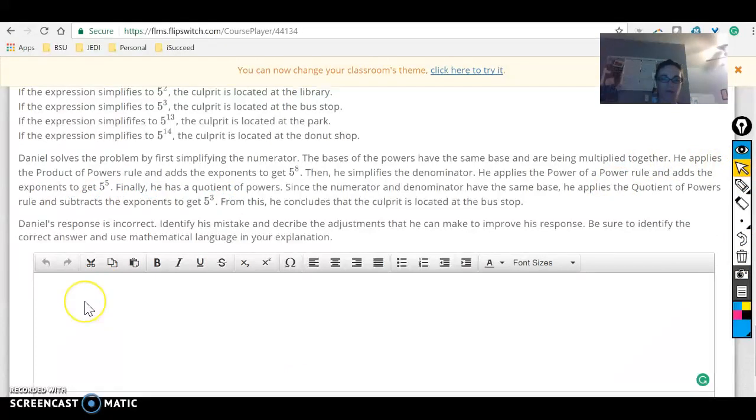So we would just go here and we would say, instead of 5 to the 5th in the denominator, he should have 5 to the 6th because we multiply power of powers instead of add them.